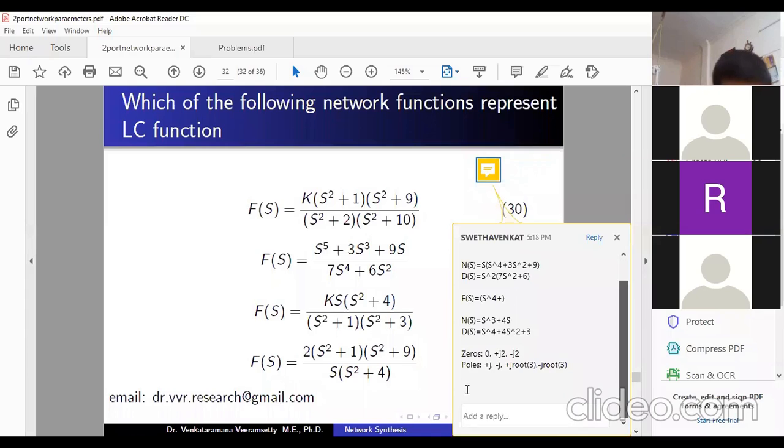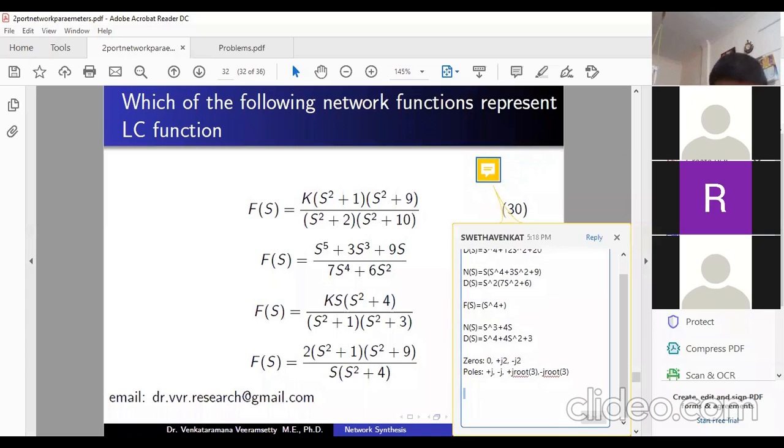So what is the numerator? N of s is equal to 2 constant keep aside, s square into s square, that is s power 4 plus 10 s square plus 9. And D of s is equal to s into s square, that is s cube plus 4 into s, right?